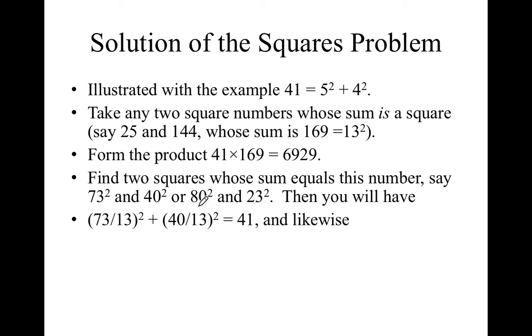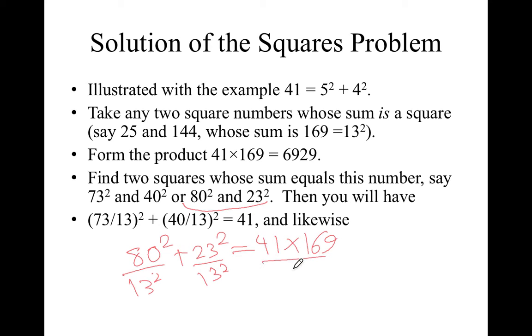And for this pair, we can write another one. So we have 80 squared plus 23 squared equals 41 times 169. Once again, dividing these by 13 squared, these two cancel, and then we can see that another pair, 80 divided by 13, squared, plus 23 over 13, squared, is also 41.